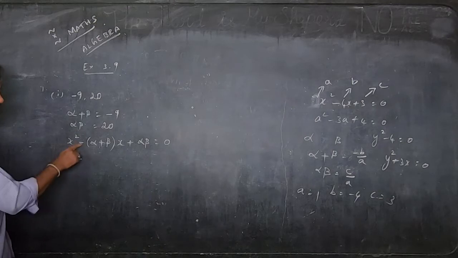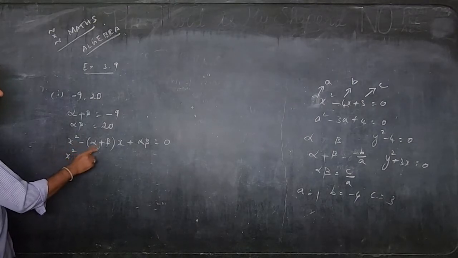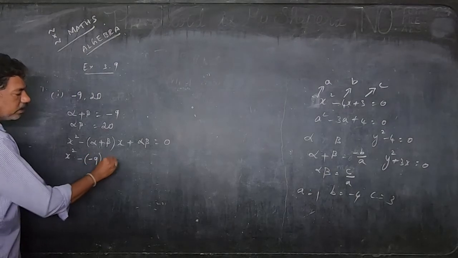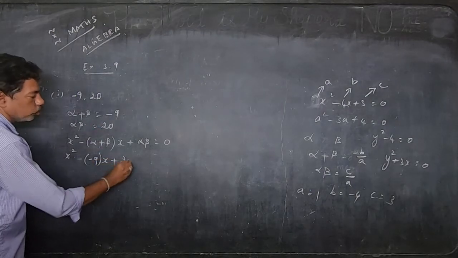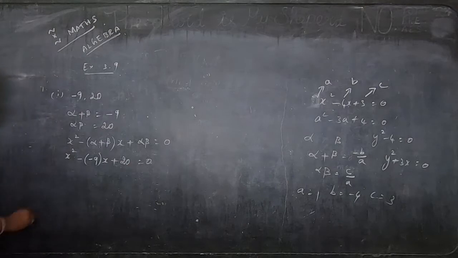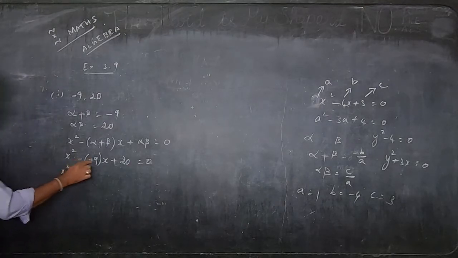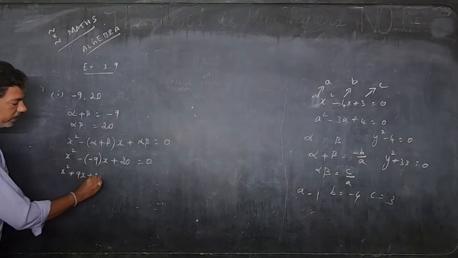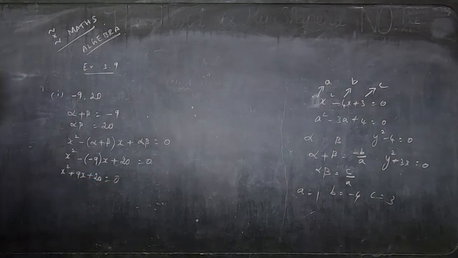Minus 9, so x square minus into minus, plus 9x, plus the product of roots 20, equal to 0. That's all. This is called the quadratic equation.